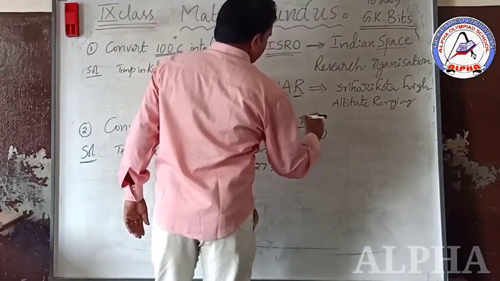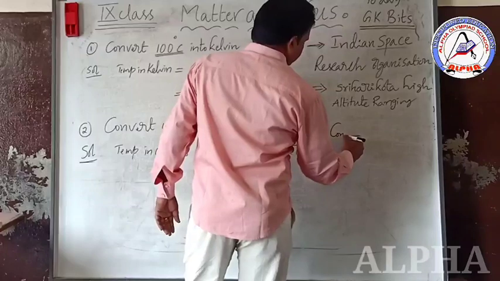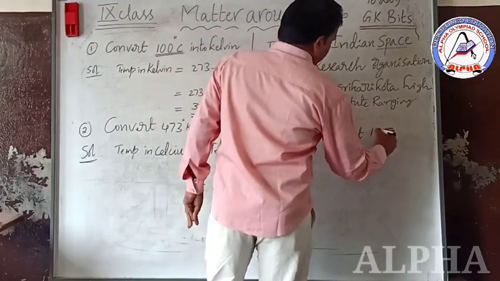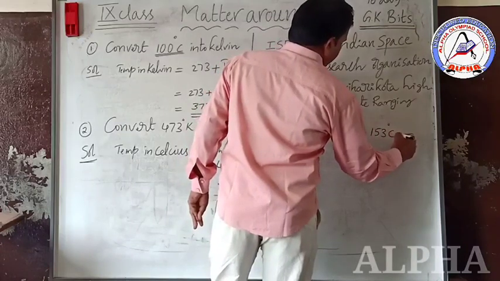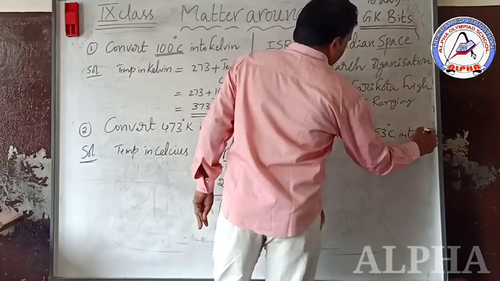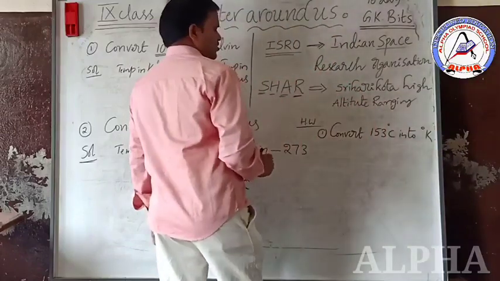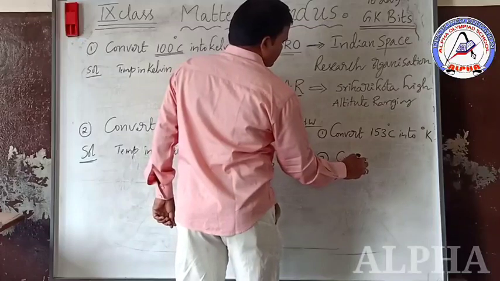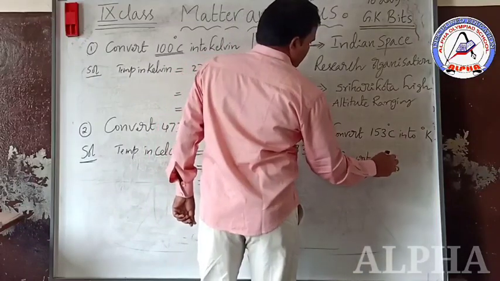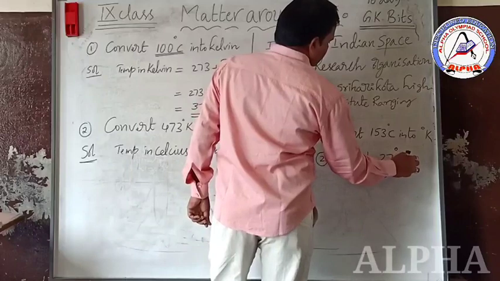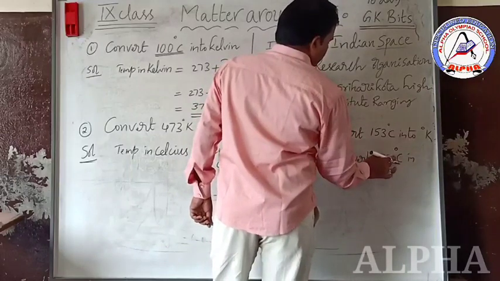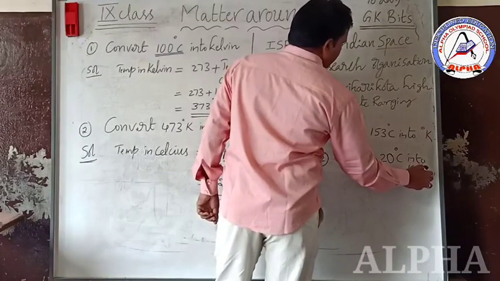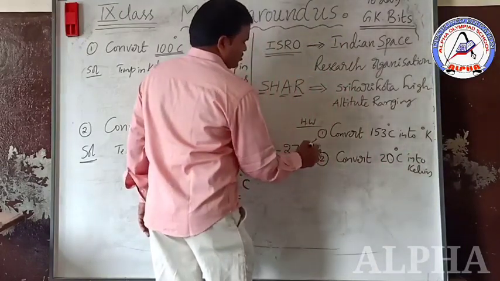Homework. In your homework, convert 153 degrees centigrade into Kelvin. Second one, convert 27 degrees centigrade into Kelvin. These two are the same model.